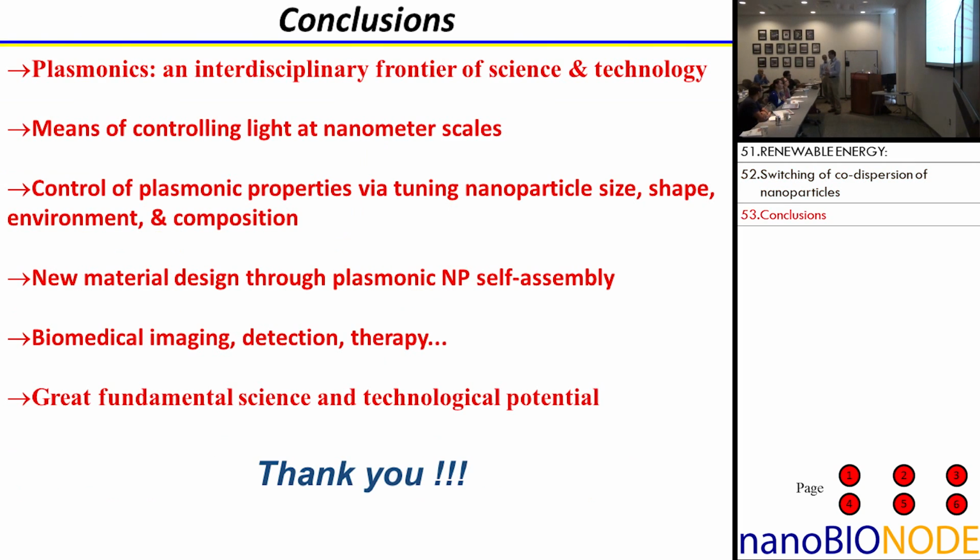Now, with this, I would like to come to conclusions. I hope that in my talk, I demonstrated to you that plasmonics is really a highly interdisciplinary frontier of science and technology. What it means is it provides us the means of controlling light at nanometer scales.